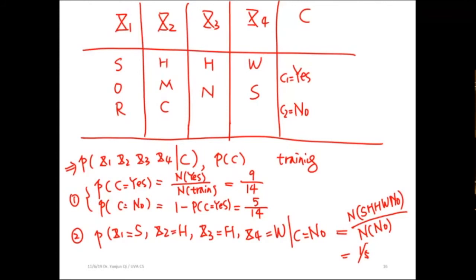It's the combinatorial of all the possible combinations of the values from X1, X2, X3, X4, and then conditioned on no or yes, right?